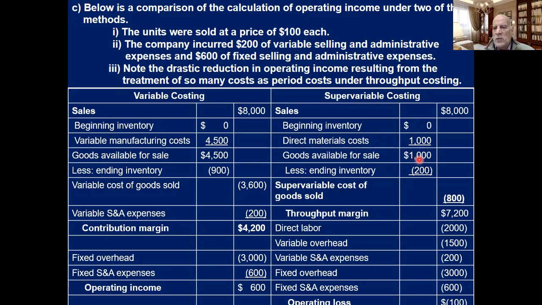The total is 1,000. This is the super variable cost of goods available for sale.